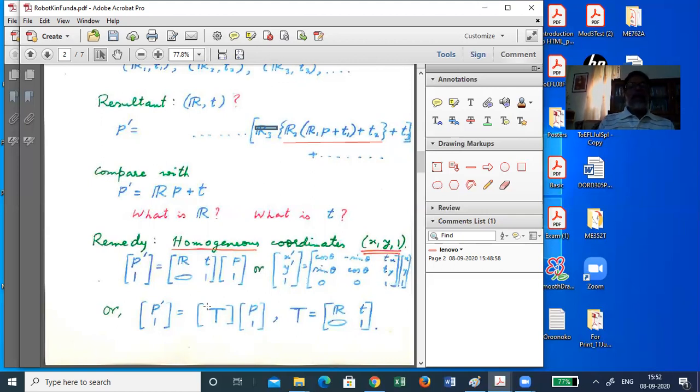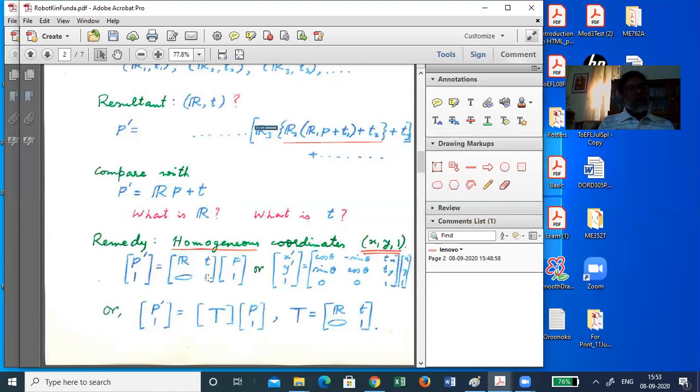Now, for the successive rigid body motions, you can write it like this, because now the individual rigid body motion is just a pre-multiplication with a transformation matrix. So you go on pre-multiplying. This is the first one, T1, which involves R1, T1, 0, 0, 1.